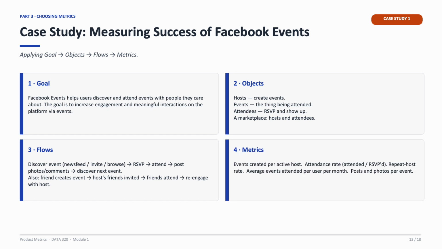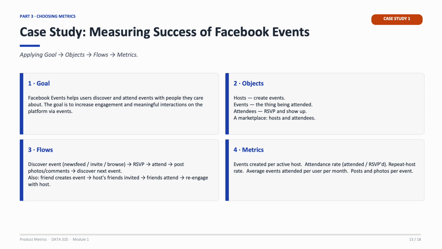Step 4, metrics. Events created per active host. This metric is for the question, is the host side healthy? Then we have the attendance rate, which is attended divided by RSVP. This is for the question, do events actually happen?